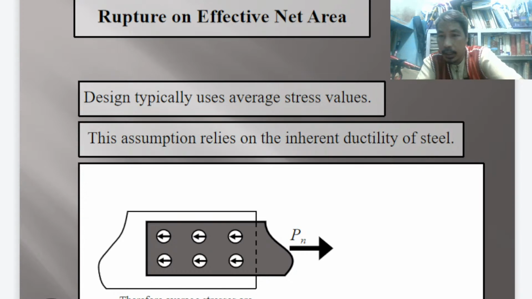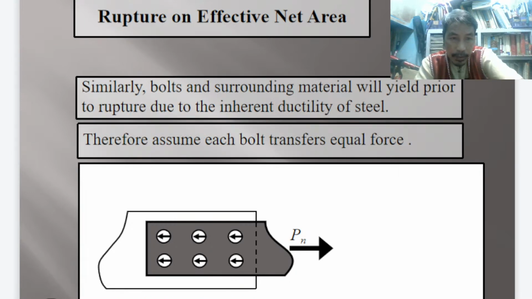Since we are looking at the full capacity of the material, although we know that the material may not experience the same amount of stresses, typically we are using that assumption.